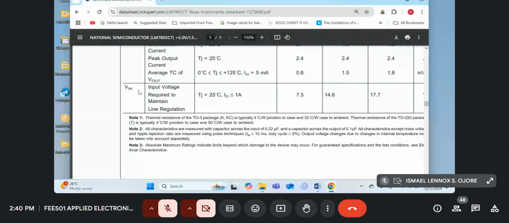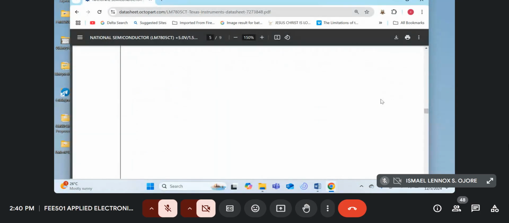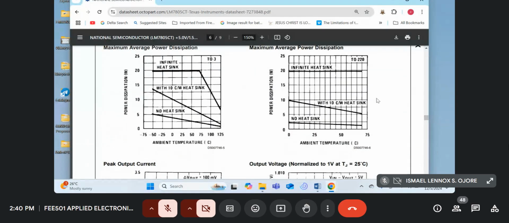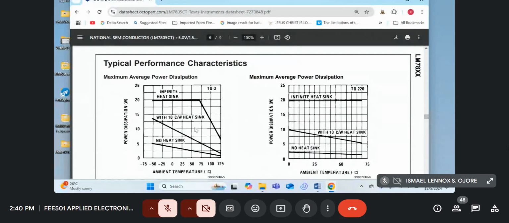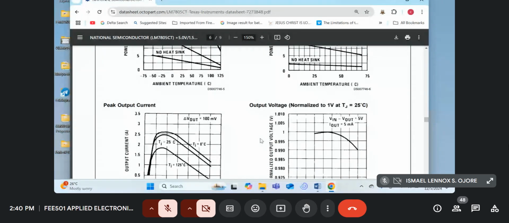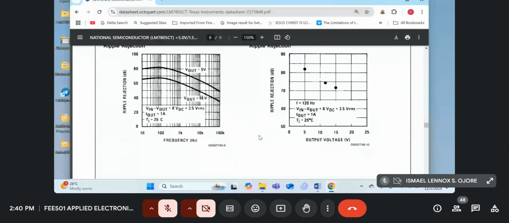They give you details of the minimum input voltage for good regulation. So for the 5 volts, you got 7.5 volts. 12 volts, the minimum voltage is 14.6. And for 15 volts, the minimum voltage required is 17 volts supply. And they give you data about its dissipation, etc., and the ripple voltage.